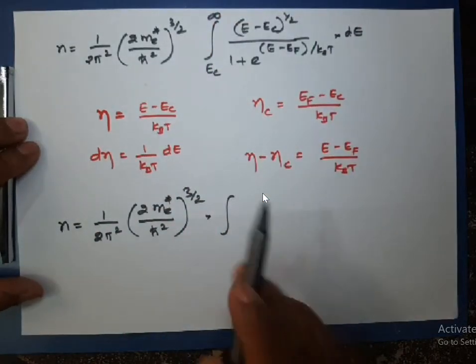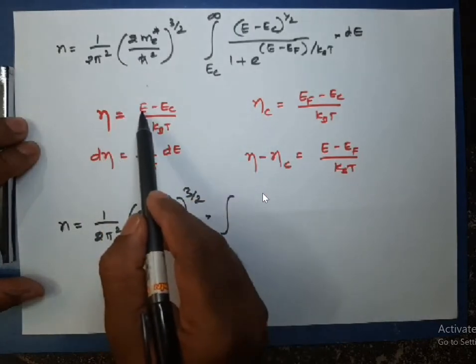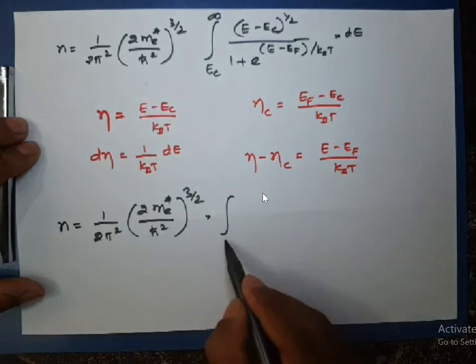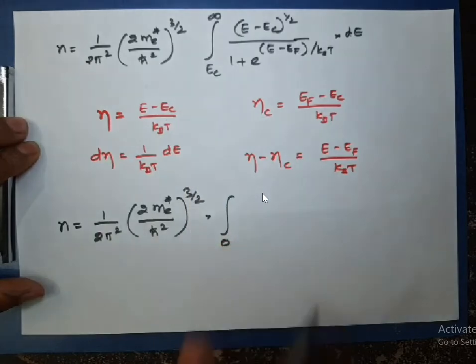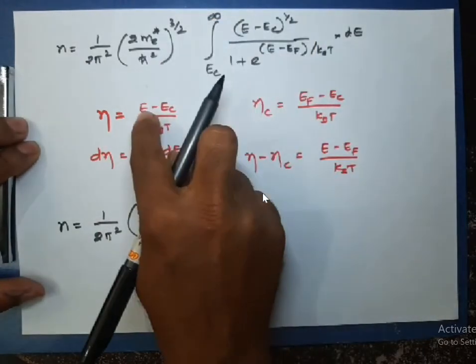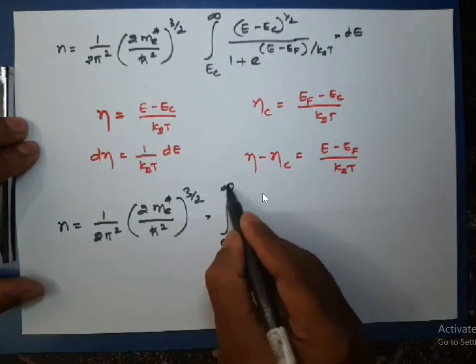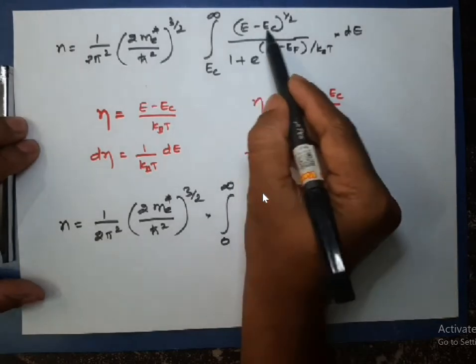When energy is EC, what is the value of eta? EC minus EC is 0, therefore eta becomes 0. When energy is infinity, eta is also infinity, so the integral now becomes 0 to infinity.